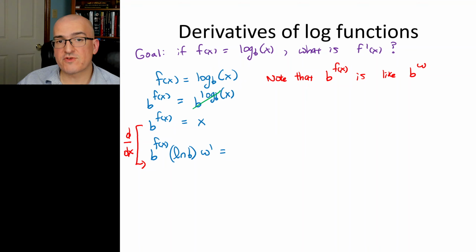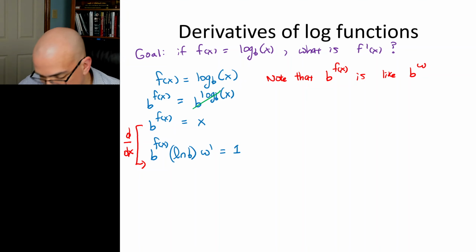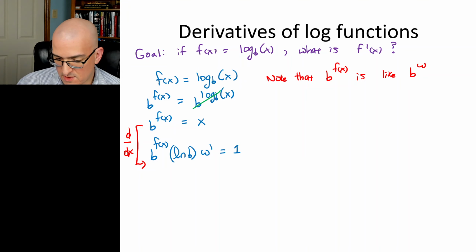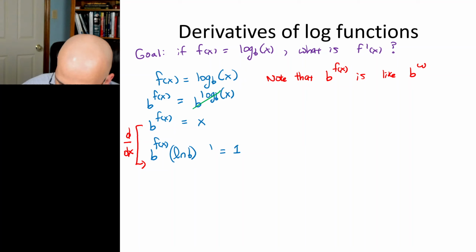Now, if I'm taking the derivative of the left side, I have to take the derivative of the right side. So the derivative of x, the derivative of 1 times x, is 1. Now, let's rearrange the expression. Oh, I put a w prime there. I meant to put f prime.